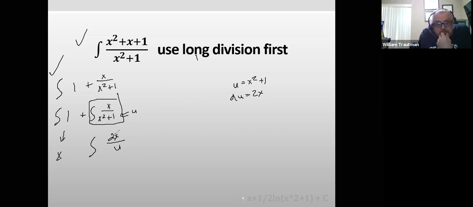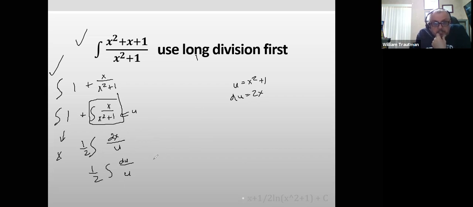So since we have a 2 there, we have to put 1/2 here to cancel that out. Because it's like integrating 1 over x and then dx. So this is what we end up with. Now I can write it as 1/2 integrating du over u, because the du has an invisible 2 in there, and this cancels out with it.